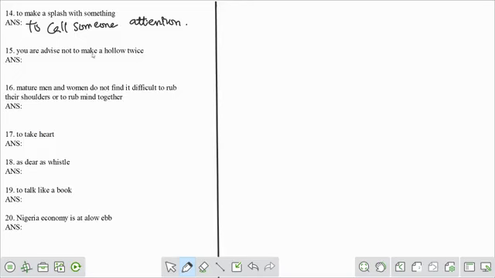Another thing is, you're advised to make a holo twice. Holo twice. If you know it, drop it in the comment box. All right.